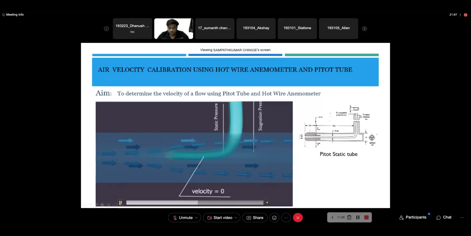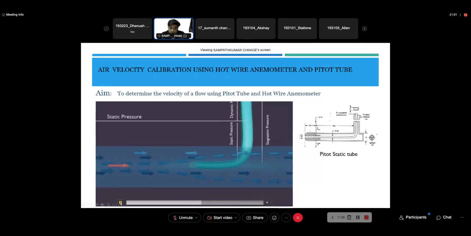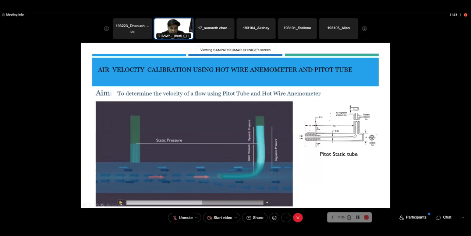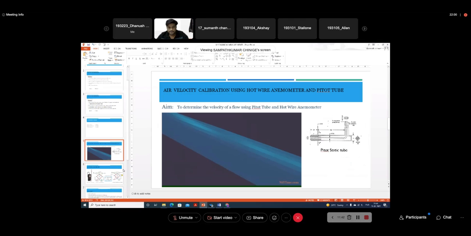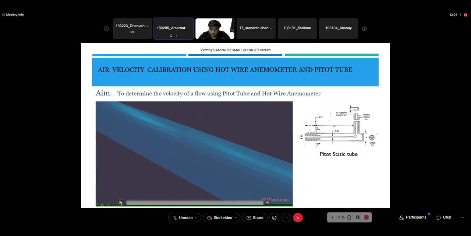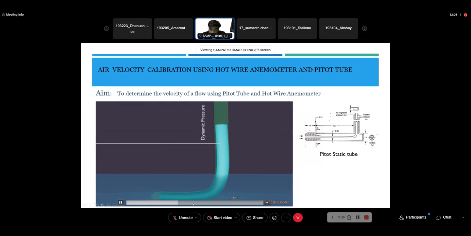Okay, so now we are applying Bernoulli's principle over here. And what are the assumptions of Bernoulli's principle? Steady state, one-dimensional, incompressible fluid.